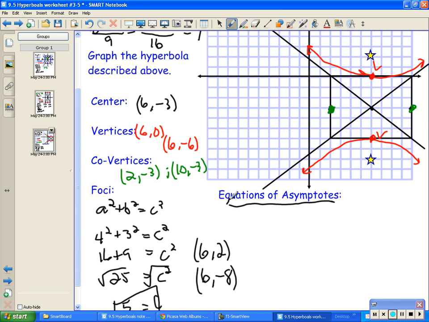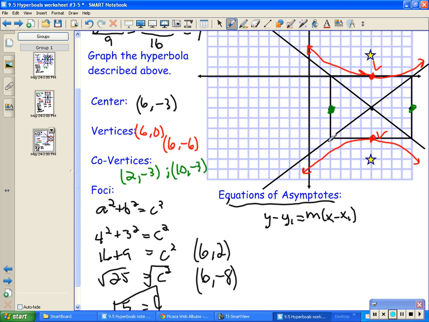So, we are going to remind ourselves of the form of a line, the point slope form. So it's y minus y1 equals the slope times x minus x1. And so the slope is pretty easy to find. We're just going to count the rise over run with the box. The y1 and x1, you're just going to pick a point on these two asymptote lines.